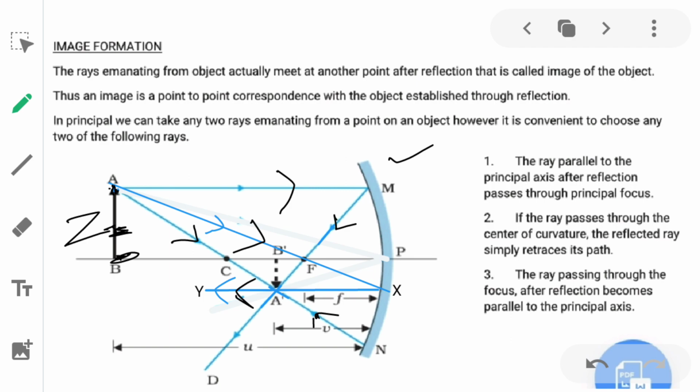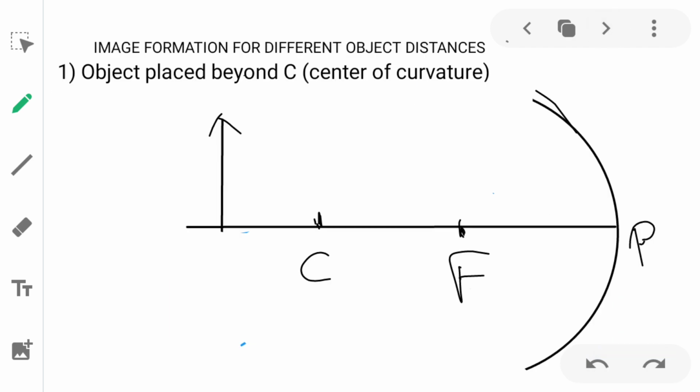So there you can form the image A dash, B dash. This is how we can represent the image formation diagrammatically by a mirror, maybe a concave mirror or maybe a convex mirror. Now we'll see the image formation by concave mirror as well as convex mirror for the different object distances.